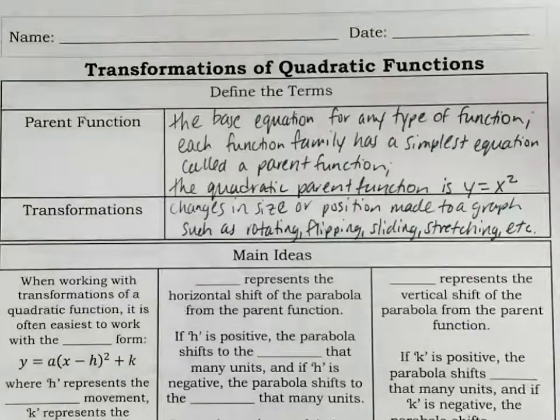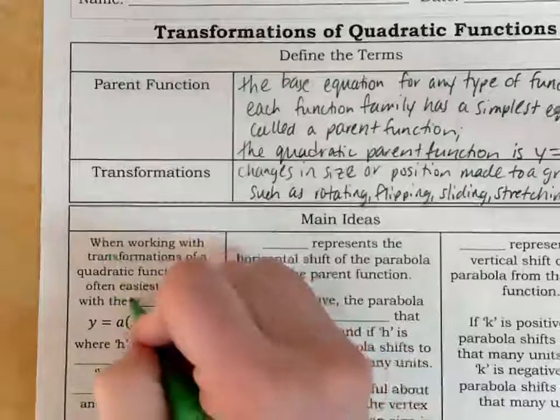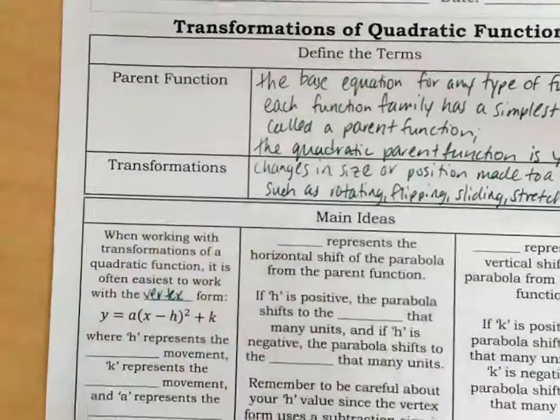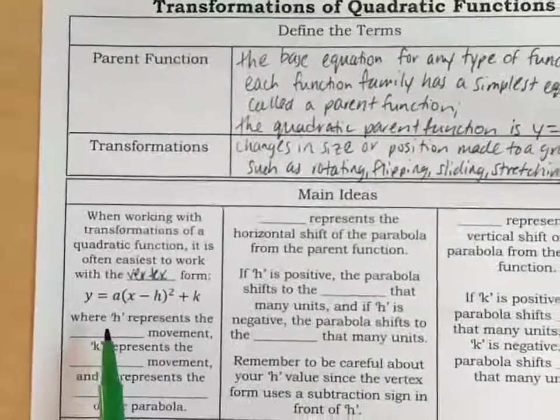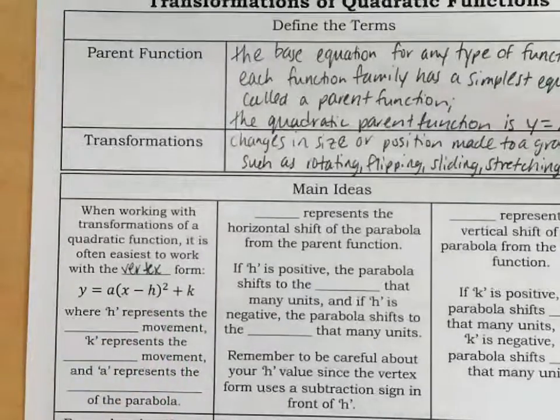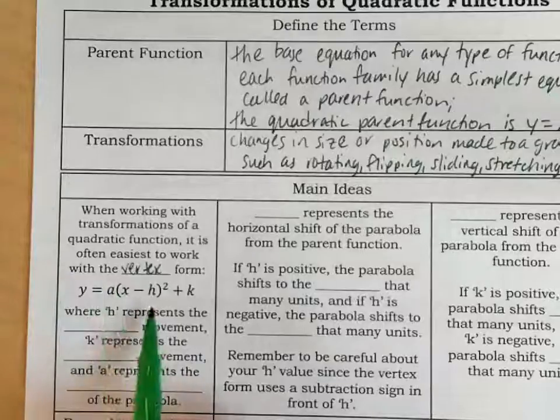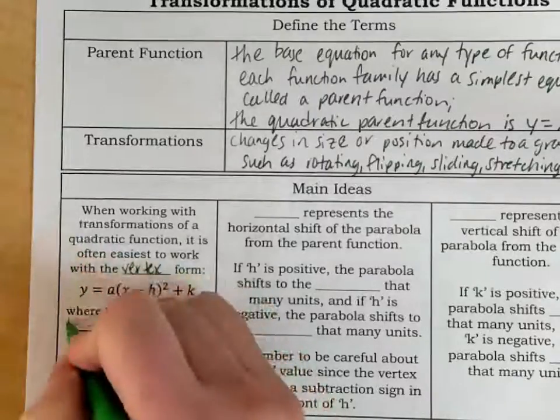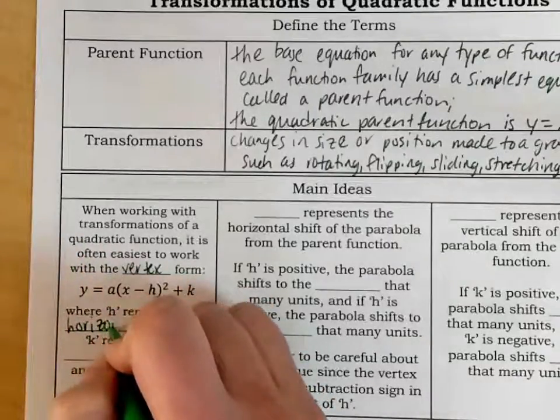So when we're working with the transformation of a quadratic function, I find that it's often easiest to work in the vertex form. If you remember, vertex form is y equals a multiplied by (x minus h) squared plus k. I find that easiest because h represents the horizontal movement.